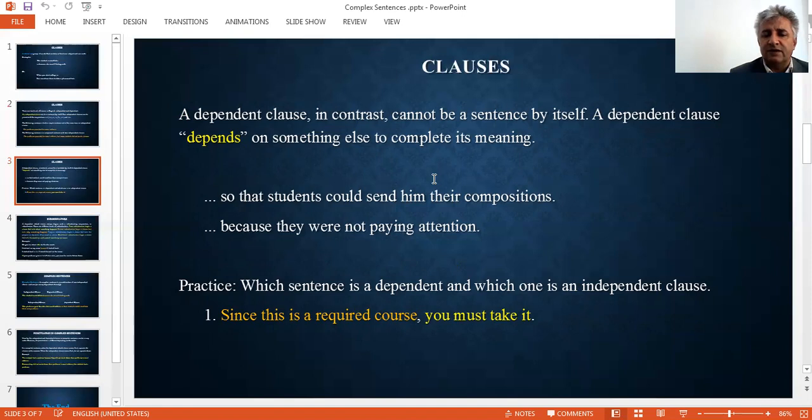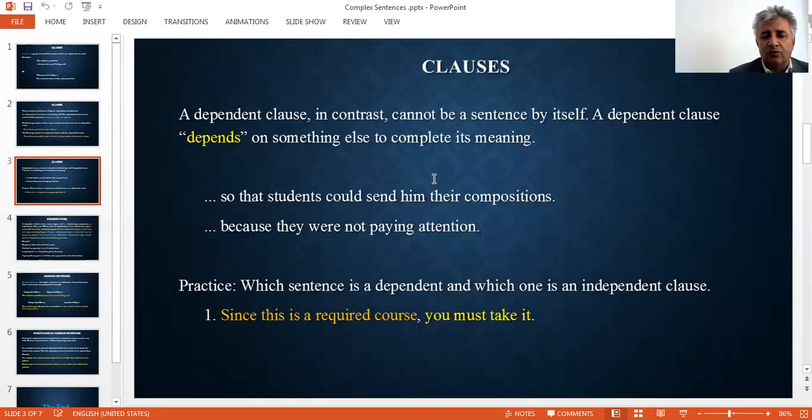You know that something has been said before and the meaning is not complete. This clause is not a complete sentence, so it needs some other words or sentence or maybe a clause to be complete.